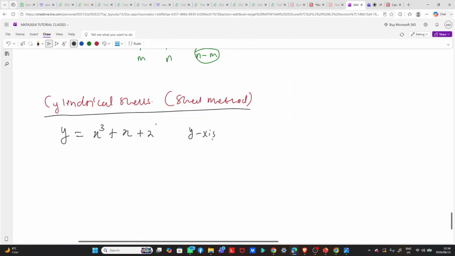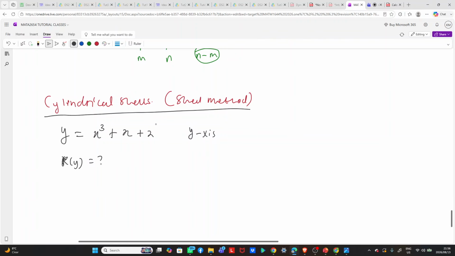If you want to rotate about the y-axis and you have this, we know that when we were using the washer method or the disk method, we would want to find r of y.